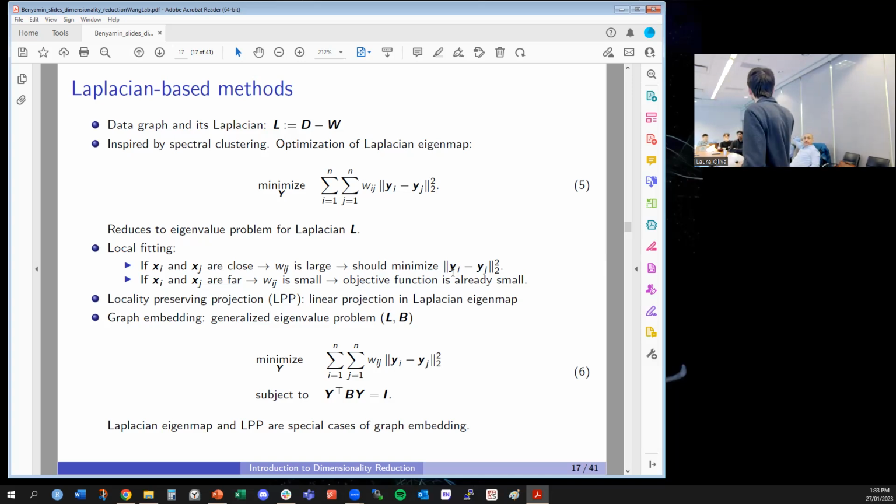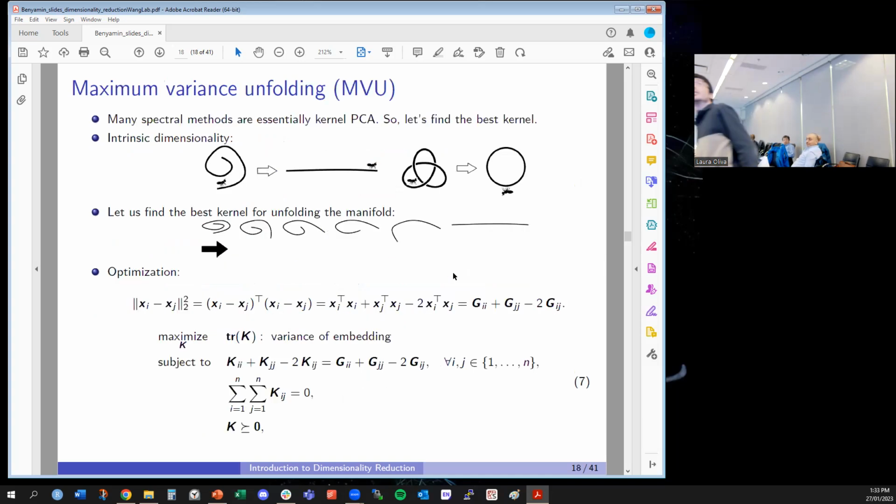So, okay. Now, as we talked, researchers found out that many spectral algorithms are essentially kernel PCA. So someone said, let's find the best kernel. Now, okay, what is intrinsic dimensionality? You have some ants on your manifold. In this figure, your manifold is locally 1D embedded in 2D, right?